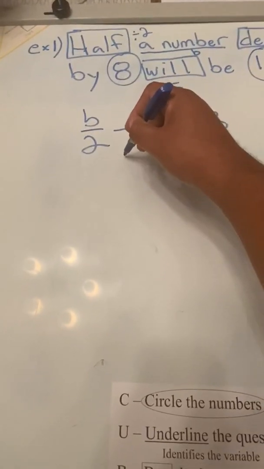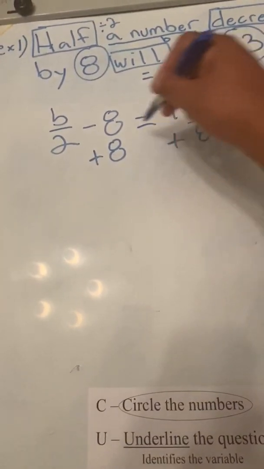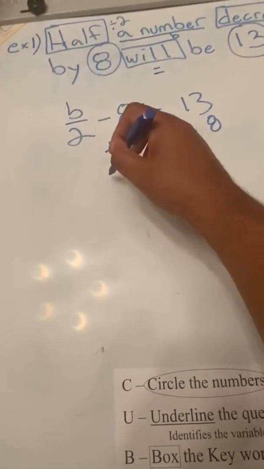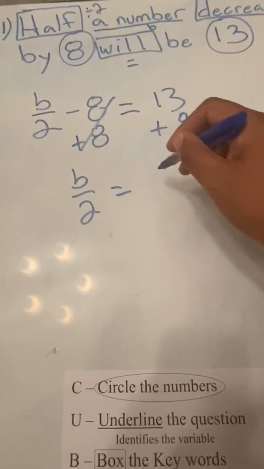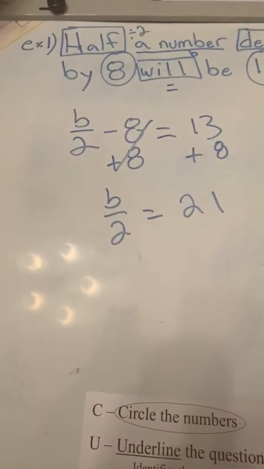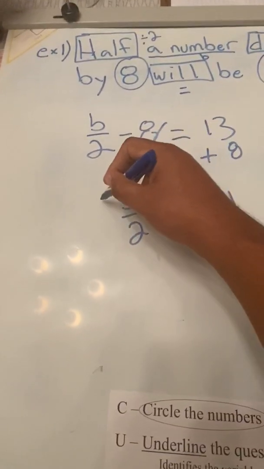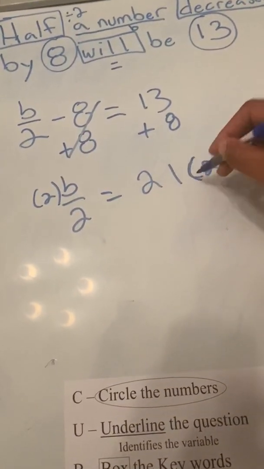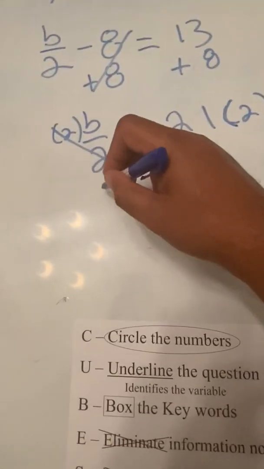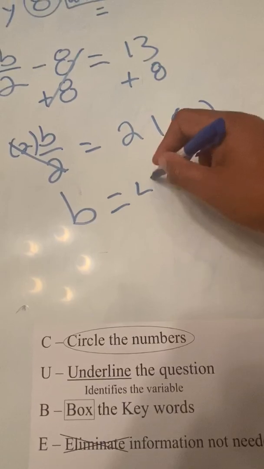Let's solve it. We're going to add 8 to both sides of the equation. The 8s cancel, B over 2 comes down, and 13 plus 8 is 21. Because we have division, we want to multiply to solve. So we multiply by 2. The 2s cancel, leaving us with B. B equals 21 times 2.